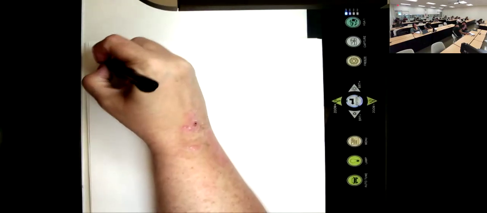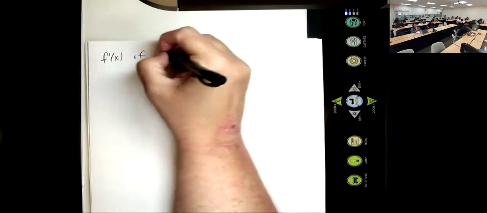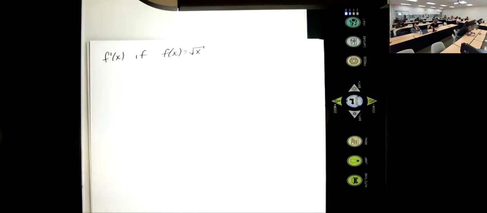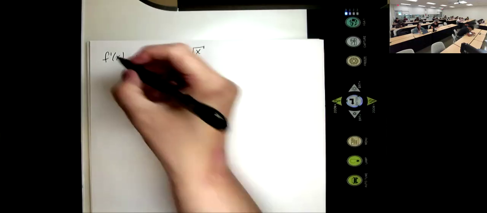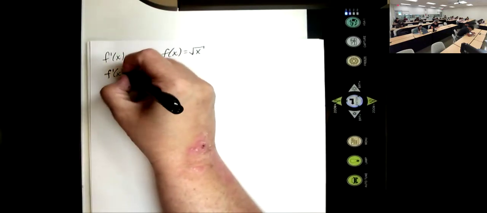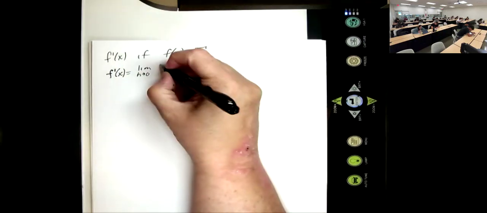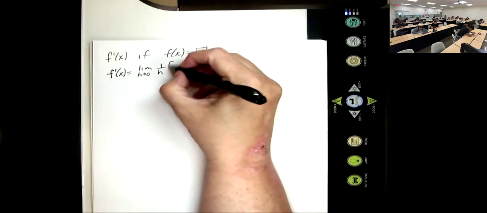Alright, so. F prime of x if f of x is square root x. That can't be that hard, square root x, that's not complicated. It sounded like a trick, yeah. Of course it's a trick. I'll do my 1/h.